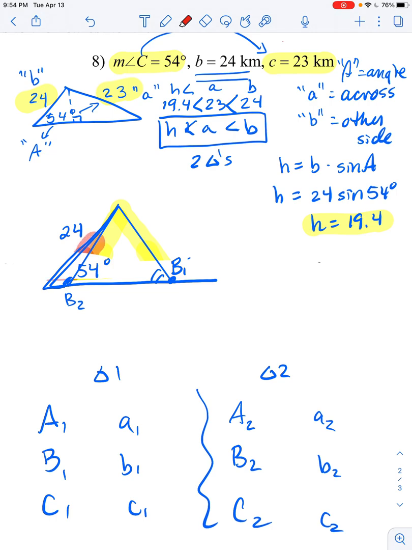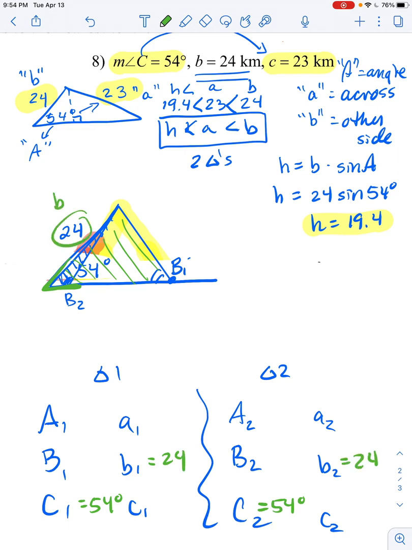Okay, the reason it's not highlighting is I blanked that out with whiteouts, so now it won't cover over it. So when I go to do this, this is my triangle 2, and this is my triangle 1. The thing that never changes is the given information. So angle C is 54 degrees in both triangles. That did not change down here in this corner. Side B is 24. That did not change because it was given.